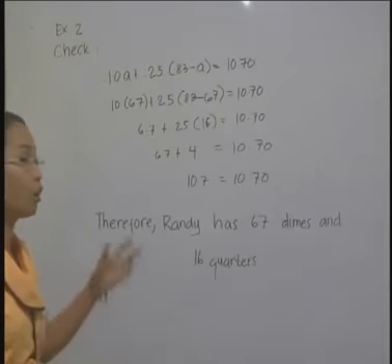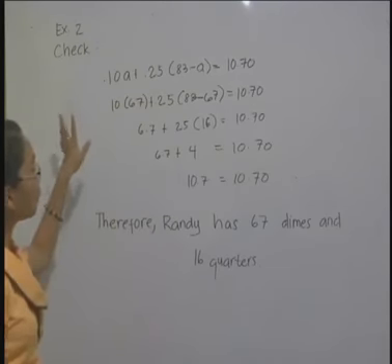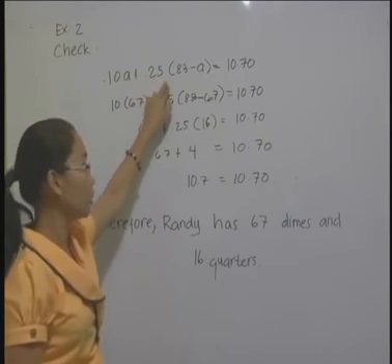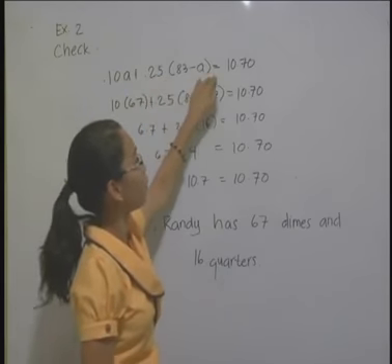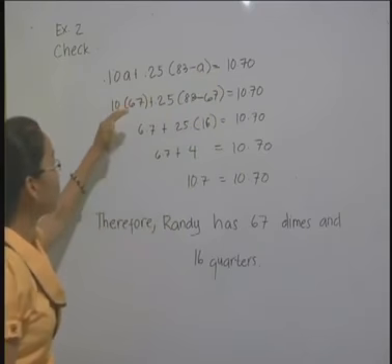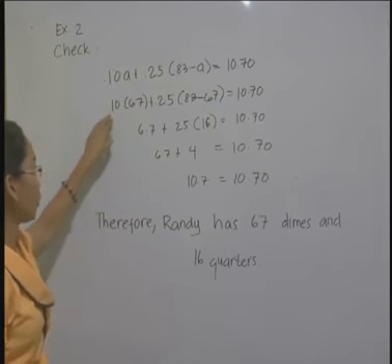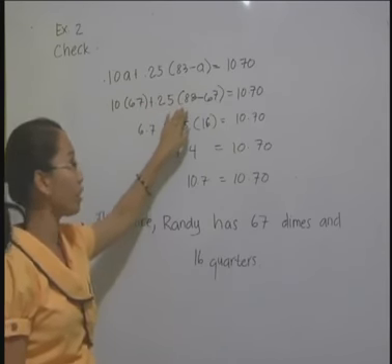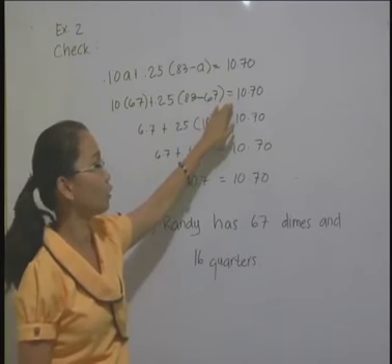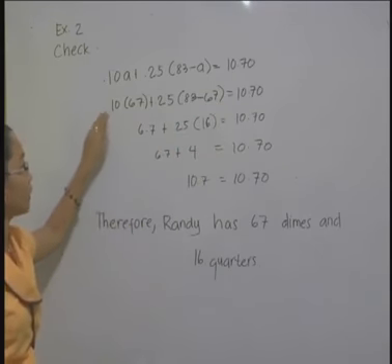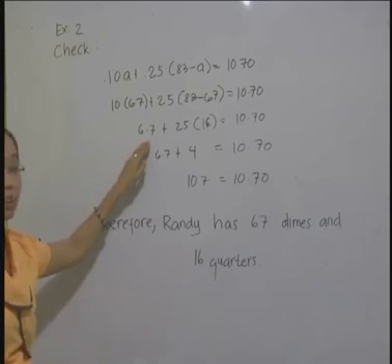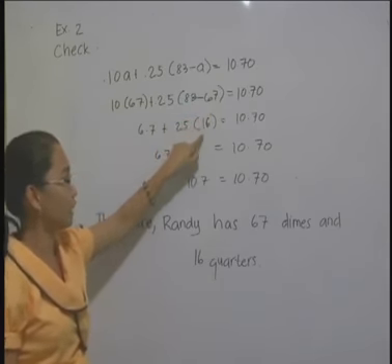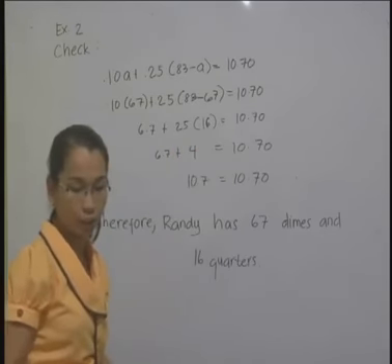Let's check if our answer is correct. From the original equation, 0.10A plus 0.25 times the quantity of 83 minus A is equal to 10.70. The value of A is 67, so 0.10 times 67 plus 0.25 times the quantity of 83 minus 67 is equal to 10.70. 0.10 times 67 is 6.7, plus 0.25 times 16 is 4.